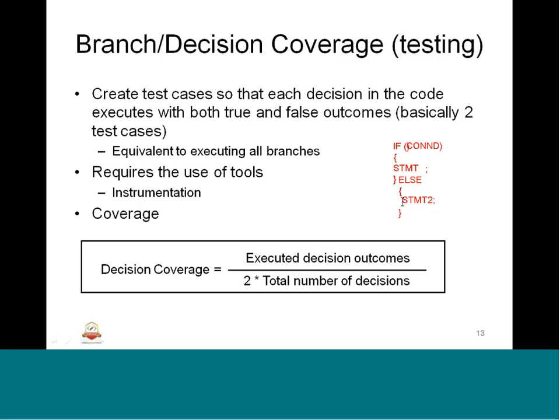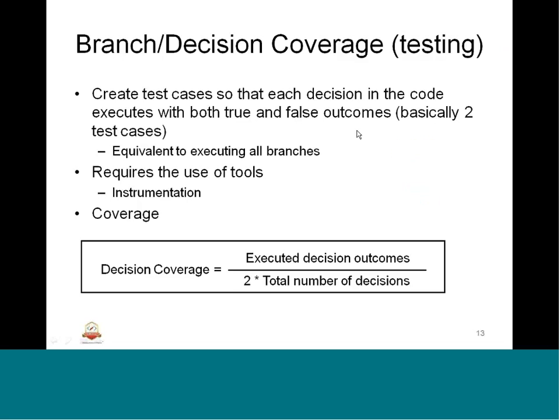Coverage is measured by dividing the total number of executed decision outcomes by the total number of decisions multiplied by 2. The tools used here are the same tools for monitoring the coverage, where decision coverage is taken care of as well as the statement criteria being met.